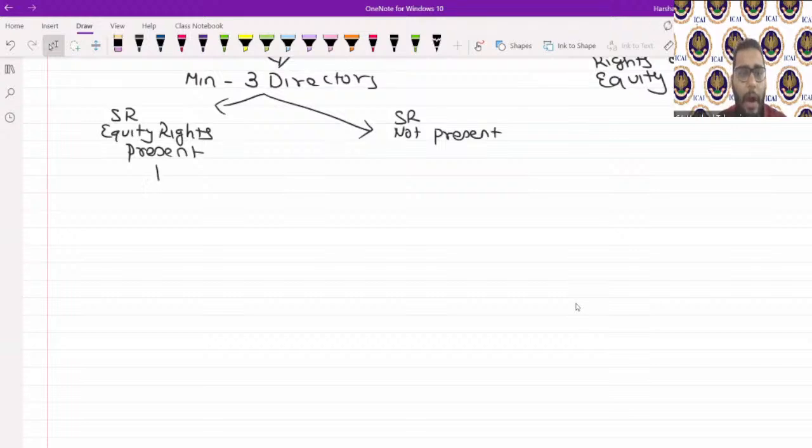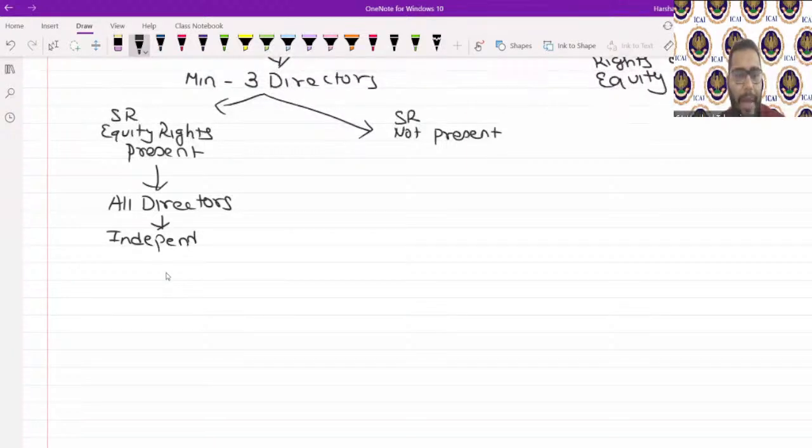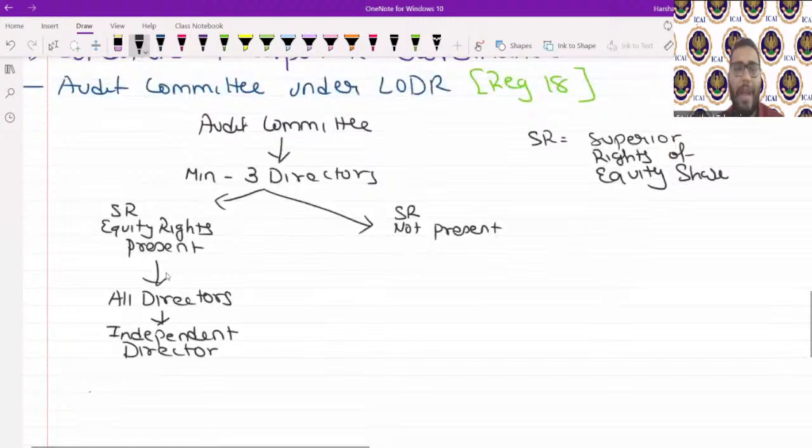out of this audit committee, all directors should be independent directors. First of all, I said audit committee should be made of directors and at least 3 directors should be part of it.